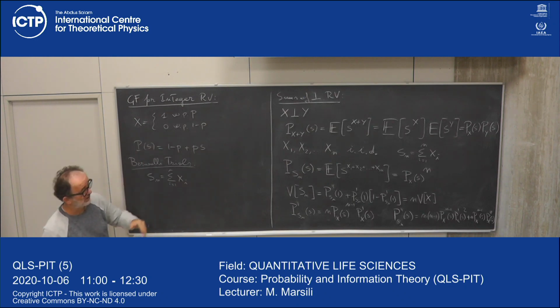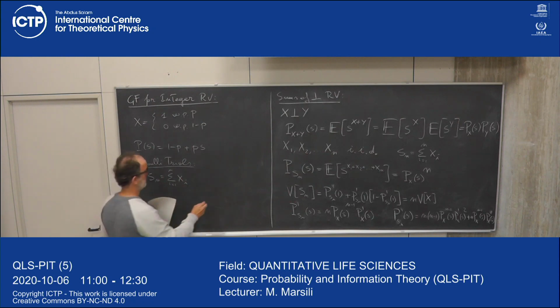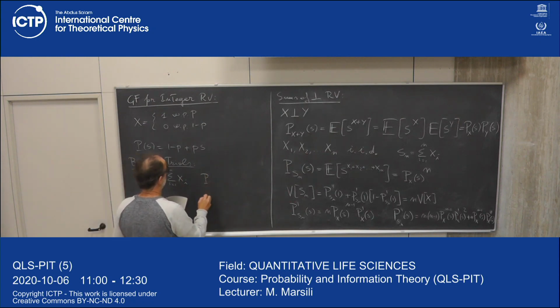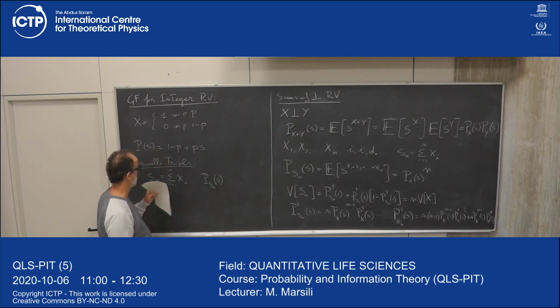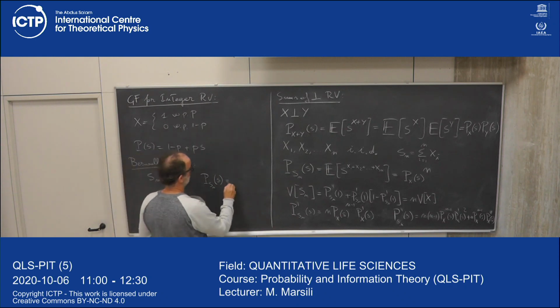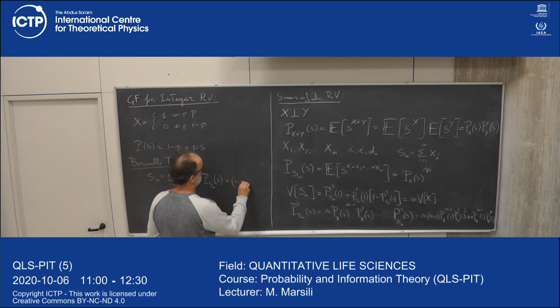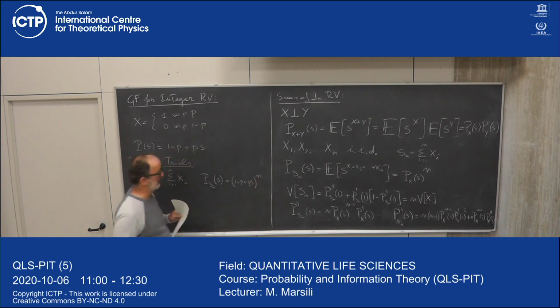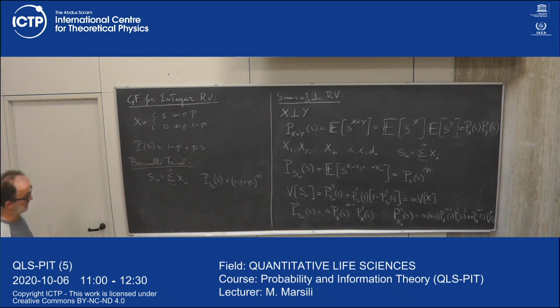Then we can use that result there and say that the generating function of the binomial distribution of Bernoulli trials is just (1 minus p plus p times s) to the power n. Okay.